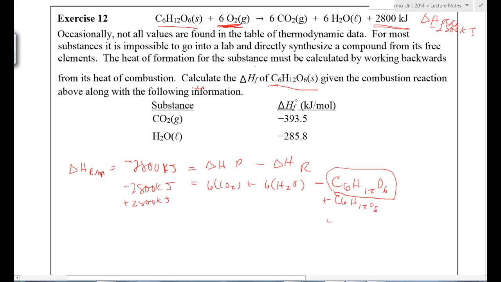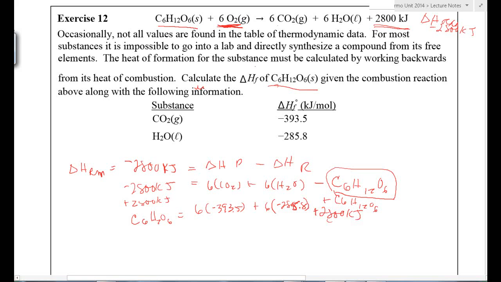And what I end up with is an equation that says C6H12O6 equals 6 times CO2, which is minus 393.5, plus 6 times the value of water, which is minus 285.8, plus I've added the 2800 kilojoules.